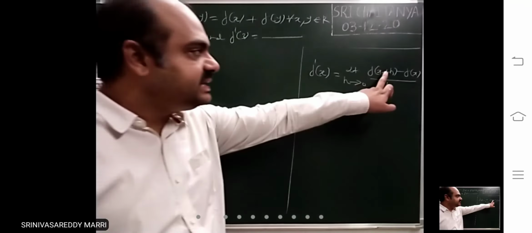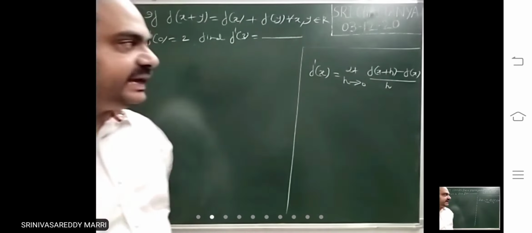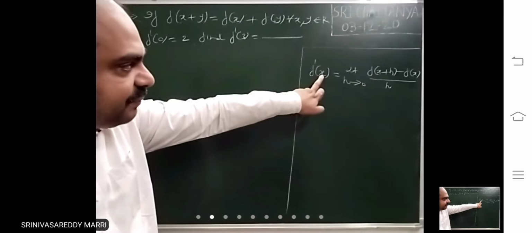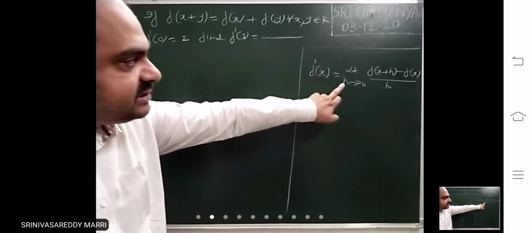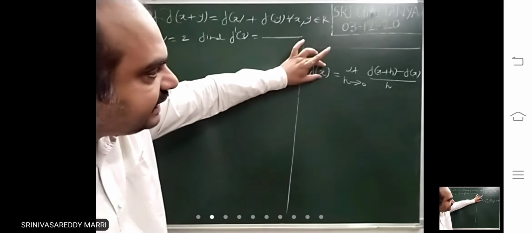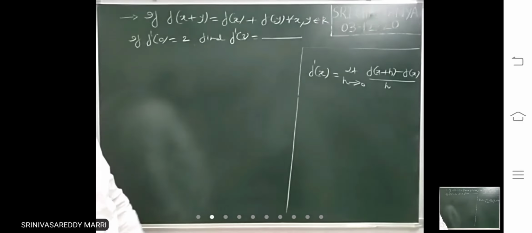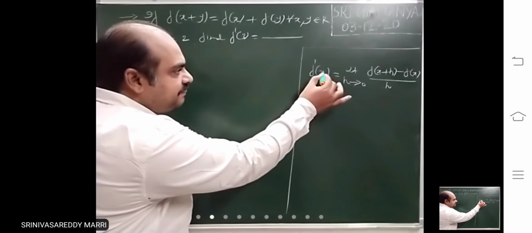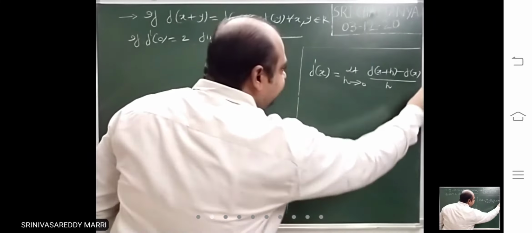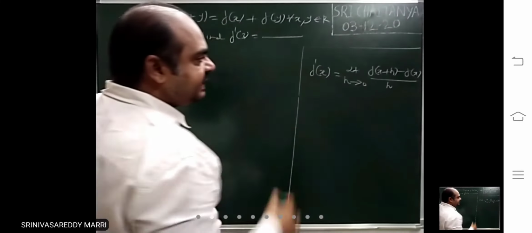This is change in y divided by change in x. At any general point f dash x, you have to use this formula. At any particular point, you will find f dash 0 plus, f dash 0 minus like that. At any point x, this limit is called the derivative at that point x.